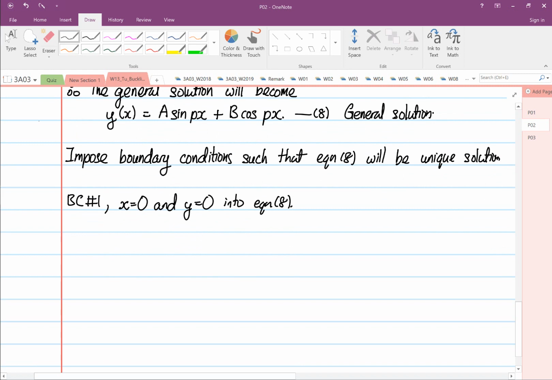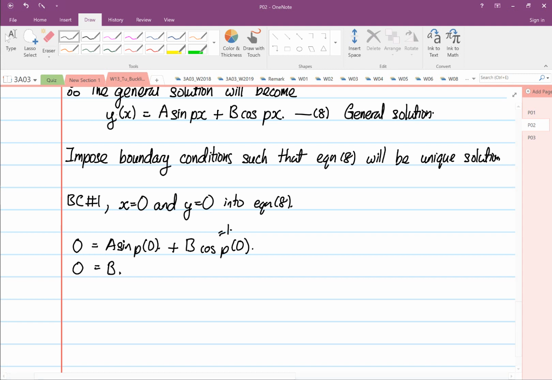So 0 is equal to A sin 0 plus B cos 0, p multiplied by 0. So we know that B is equal to 0 because cos 0 is equal to 1.